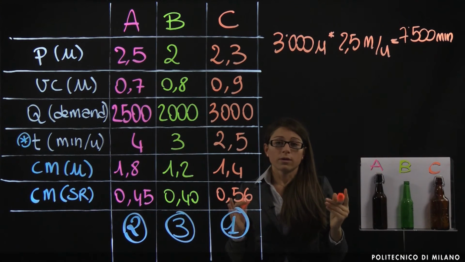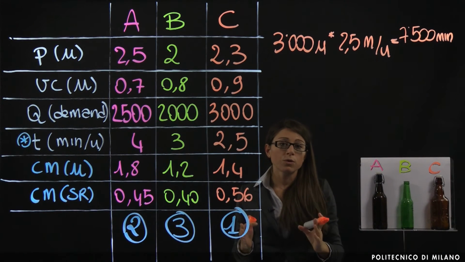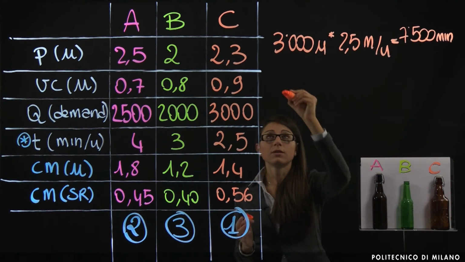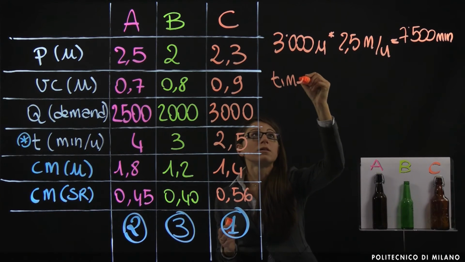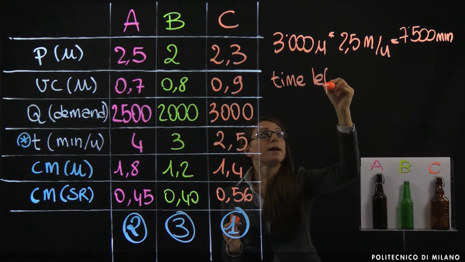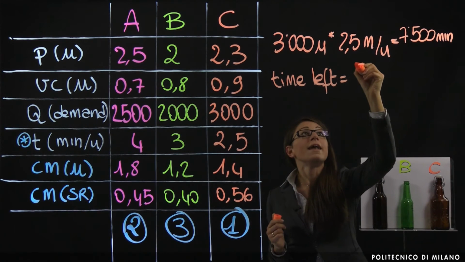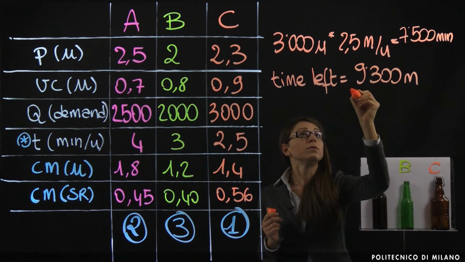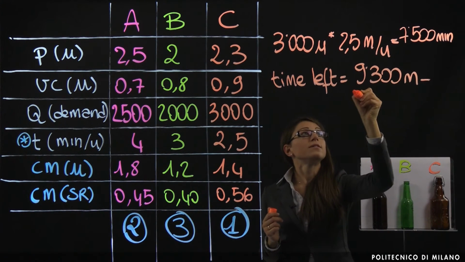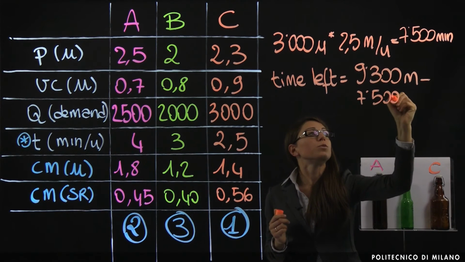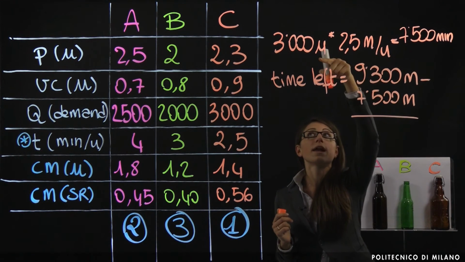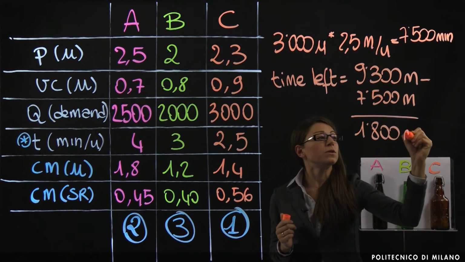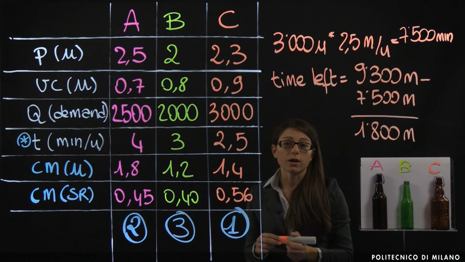Okay? Now, if you remember, we have an overall machine time of 9,300, so we need to identify the time left. The time left can be calculated as the difference between 9,300 minutes, that are the overall number of minutes available, minus 7,500 minutes that we are using the machine in order to realize the product C. So we can see that we have 1,800 minutes left in order to realize the other production.